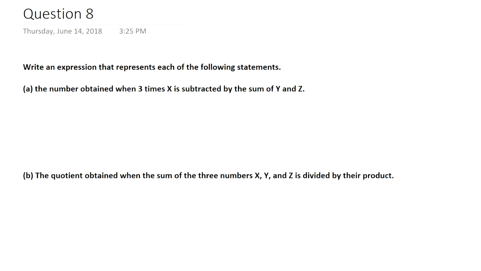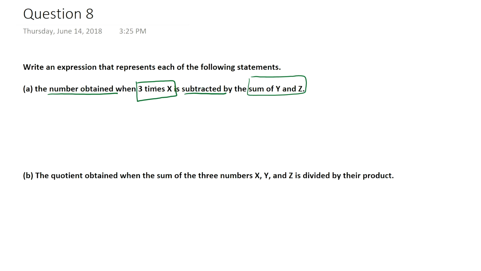So looking at the first one, it says the number obtained when 3 times x is subtracted by the sum of y and z. I've gone ahead and boxed in the ones that are going to be numbers in this expression, and I've underlined different keywords here.